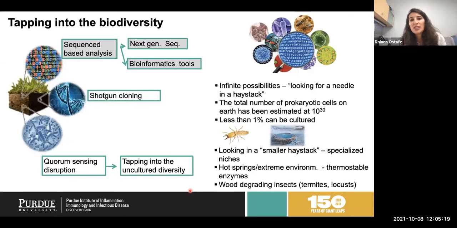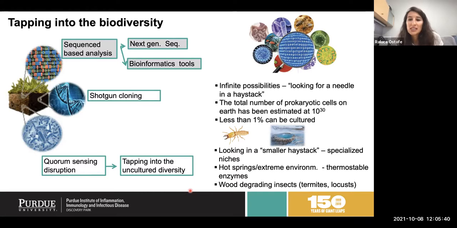A lot of these methods are presented with the discovery of new enzymes from microbial strains in mind, in which case people start from the microbiome and diversity that they find in different environments, like even just soil or salt water, depending on what you're looking for.